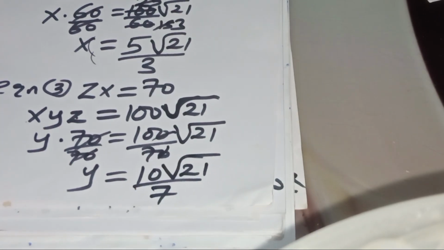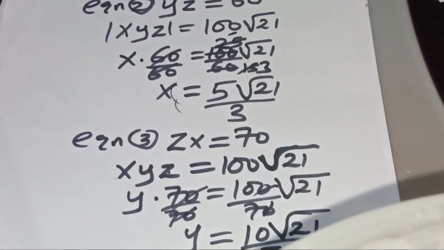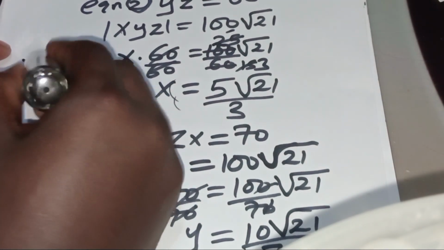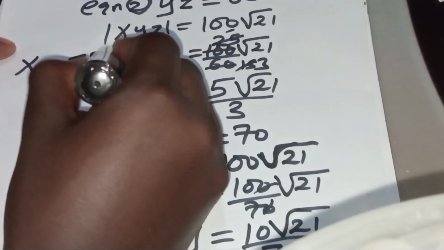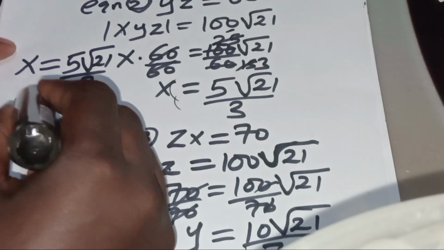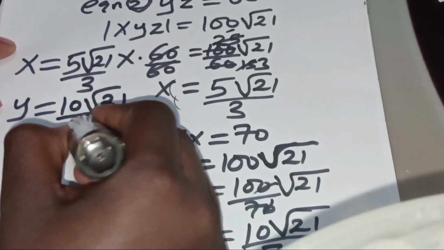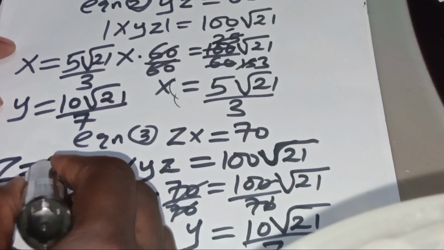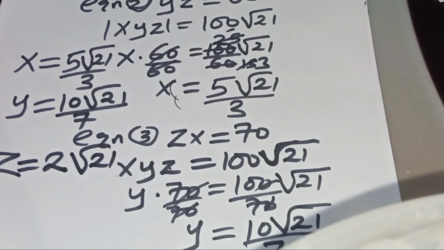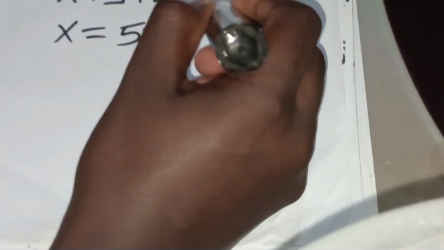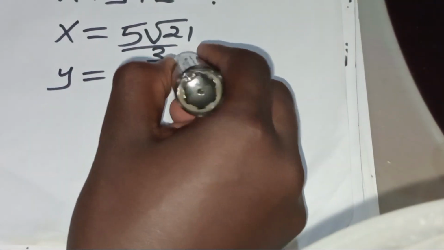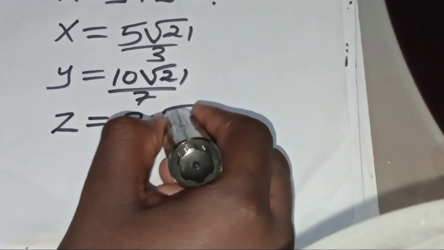So we have the value of x as 5 square root of 21 divided by 3, the value of y as 10 square root of 21 divided by 7, and the value of z as 2 square root of 21.